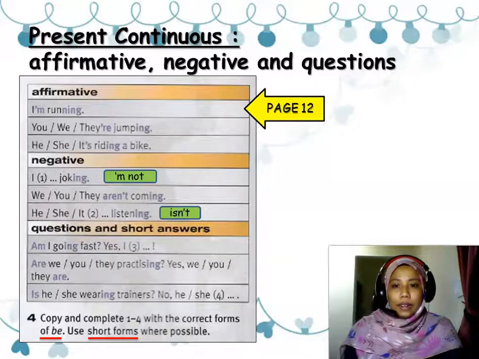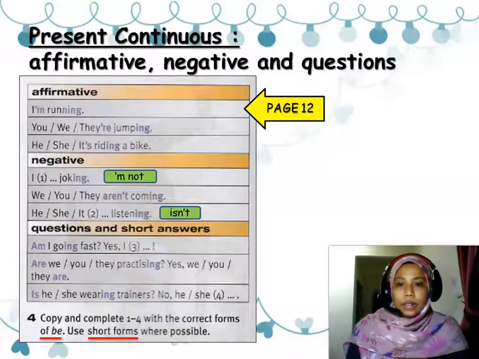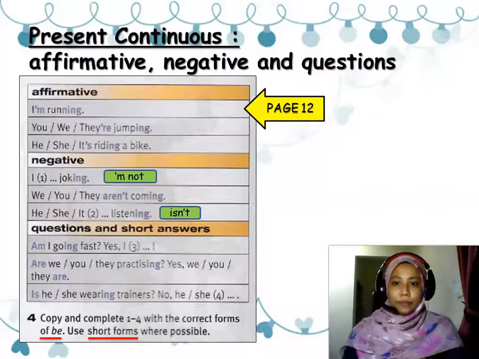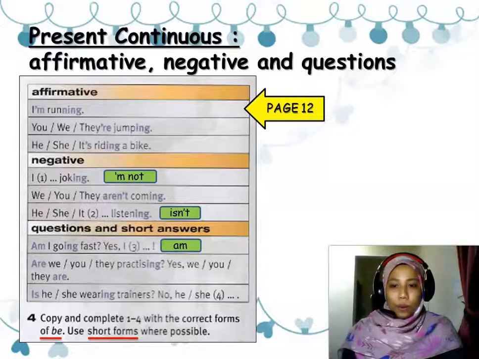Next, let's revise the questions and short answers. Am I going too fast? Yes, I am. Next, are we, are you, or are they practicing?